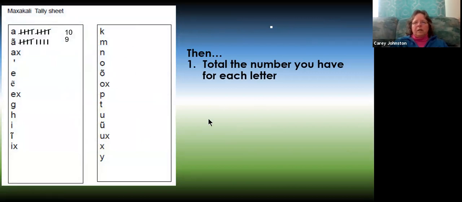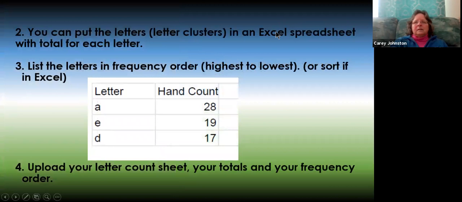So then the next thing you want to do is, in the assignment, there's an Excel spreadsheet. I want you to open that spreadsheet and put the letters from the Mashakali tally sheet, and then put the number of times that letter appeared in the first 4 chapters of John. You're going to do that for all of the letters on the tally sheet.